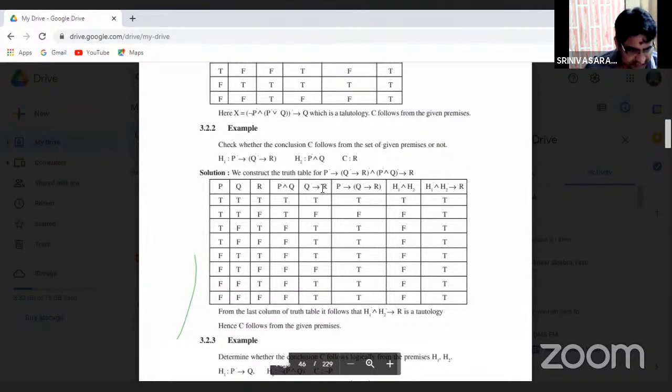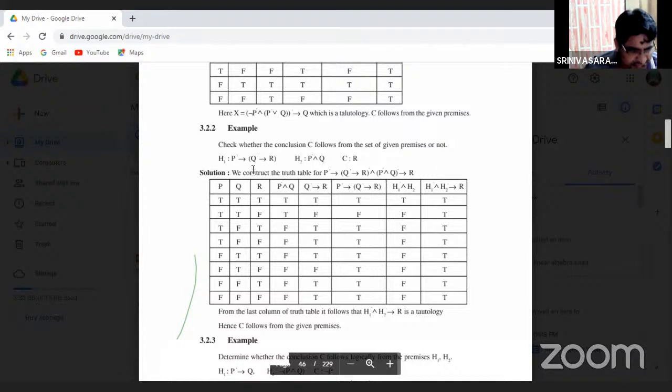Now this is the P and the Q, and second one is Q implies R. That is another column. Now to express the P implies of Q implies R, this is another column. Now this part is P, this part is H1, and this part is H2. To express the H1 and the H2 right here. Okay, this column.